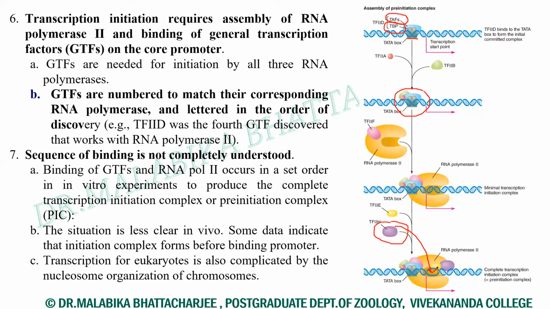Once the polymerase has entered the elongation phase, the transition of polymerase 2 is achieved by its shedding most of the initiation factors that are attached to it. In their place, some new elongation factors bind to it, such as TF2S, and thus the elongation of the polymerase starts.